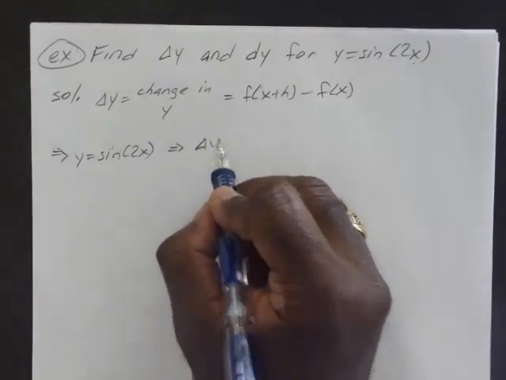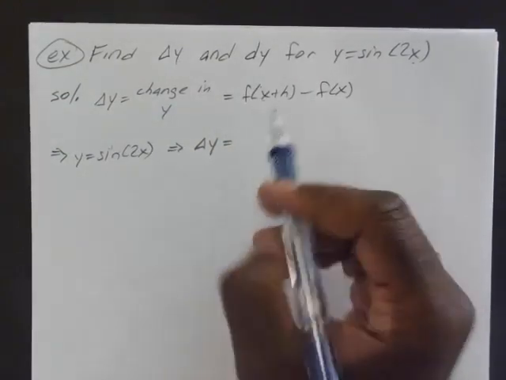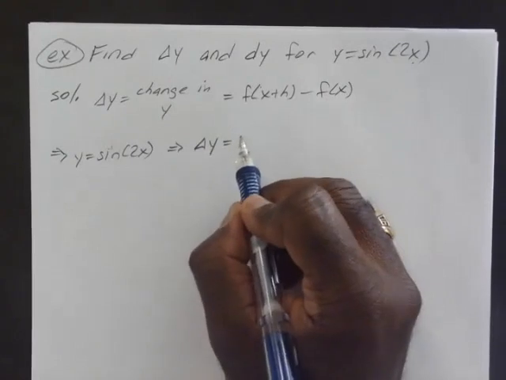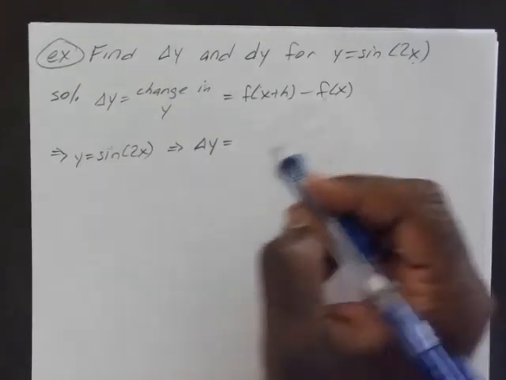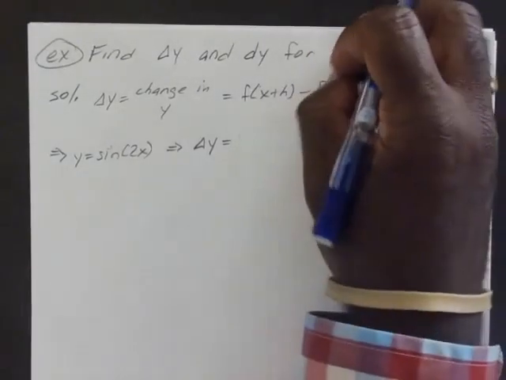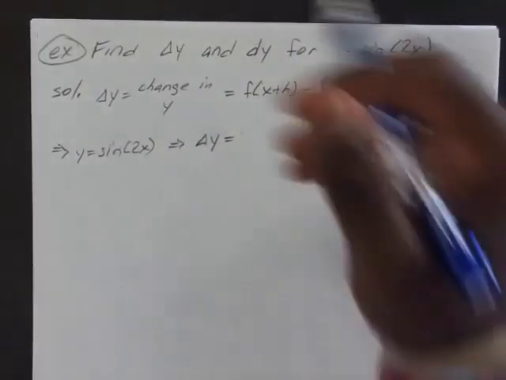Which means that your delta y is equal to 2, oh, actually 2 times sine of 2x. I forgot my 2. That's why it was looking different. That should be 2 times sine of 2x.